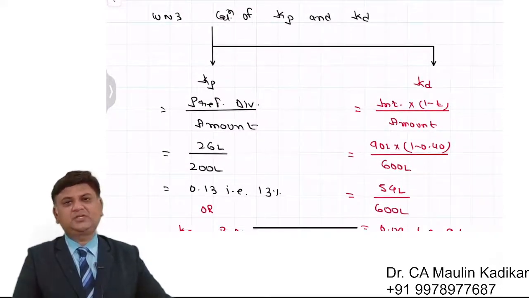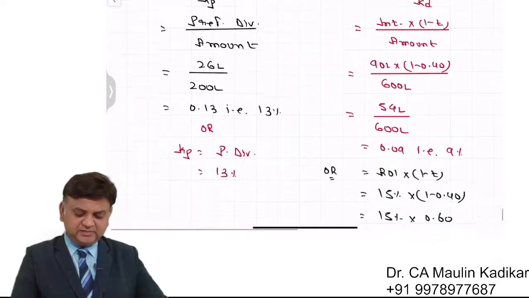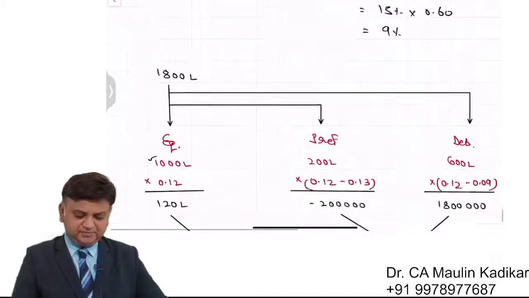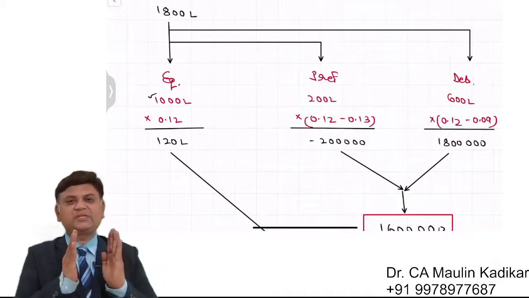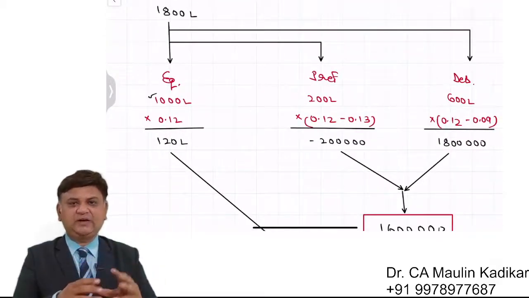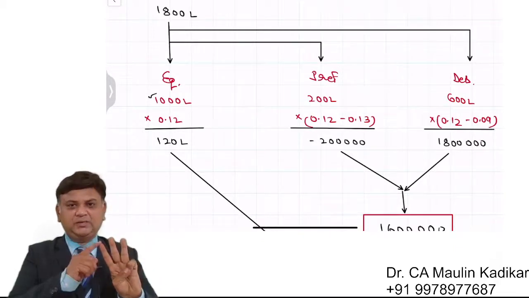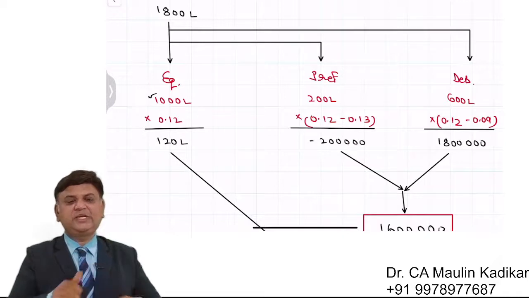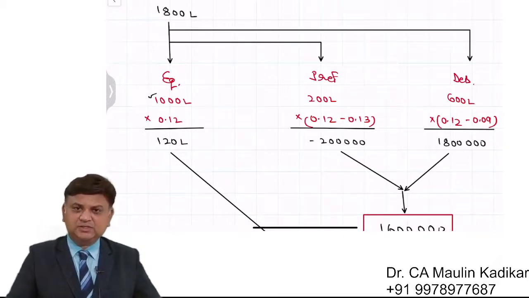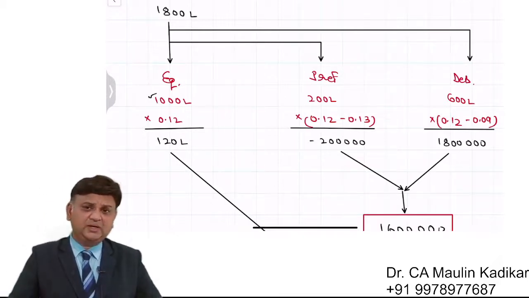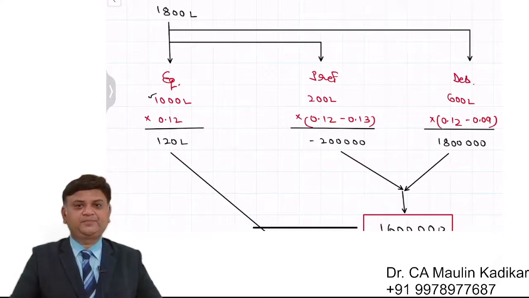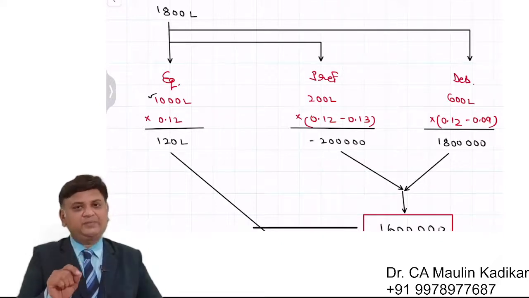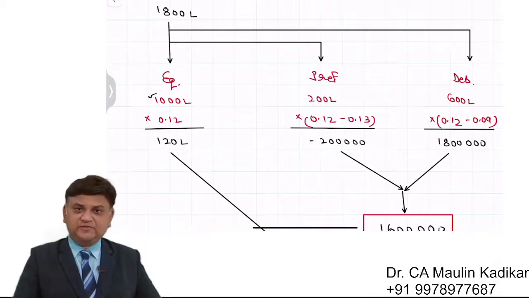Next is calculation of the cost of preference share and cost of debenture. It is 13% and 9%. The total amount is 1800 lakhs. That will have the three financings: equity, preference and debentures. As far as equity is concerned, it is 1000, preference is 200 and debenture is 600. We earn at the rate of 12% irrespective of the source from which you have raised the funds.